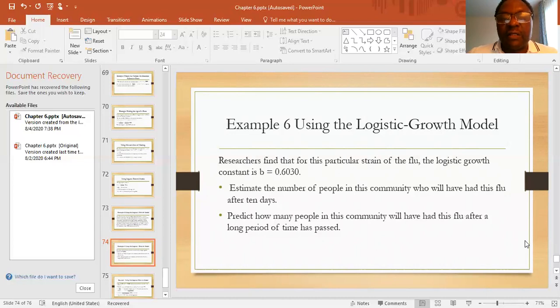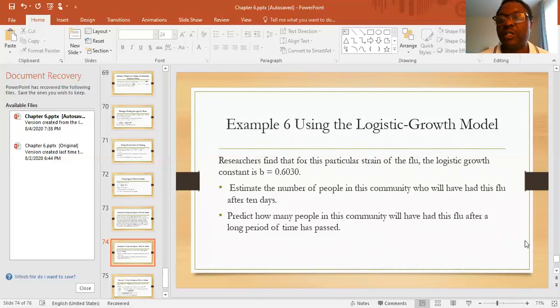We are given that it depends on this constant: the strain of flu has the logistic growth constant B equals 0.6030. Researchers have already determined this value of B, so we can use it to fit into the logistic growth model.